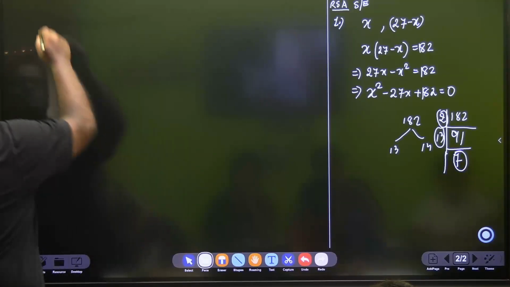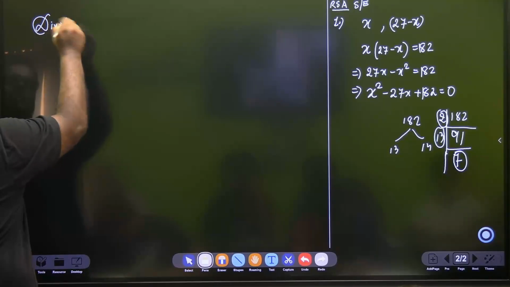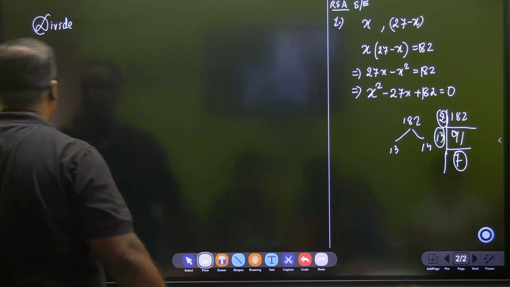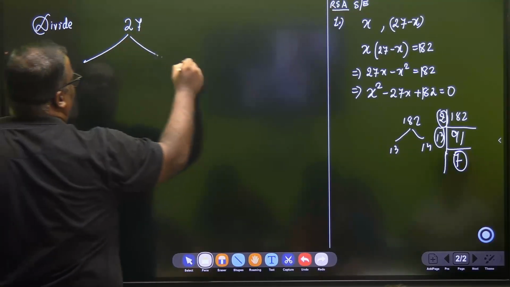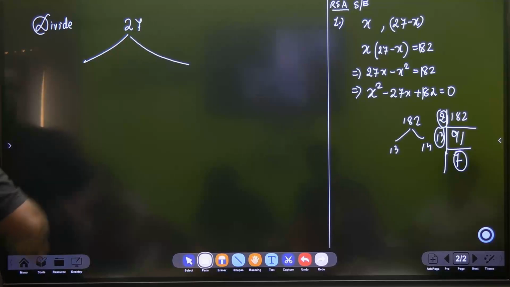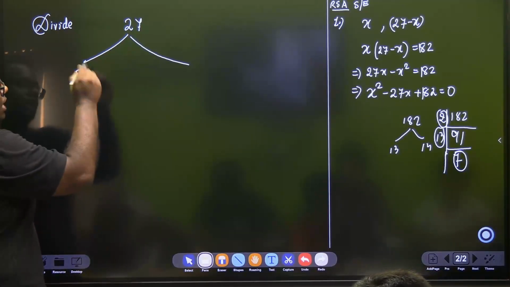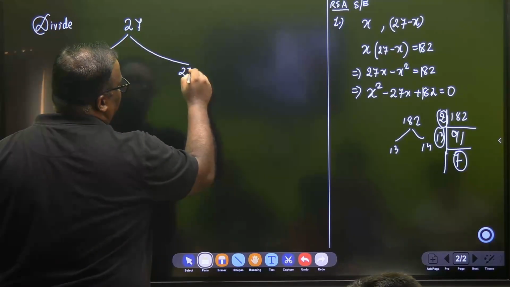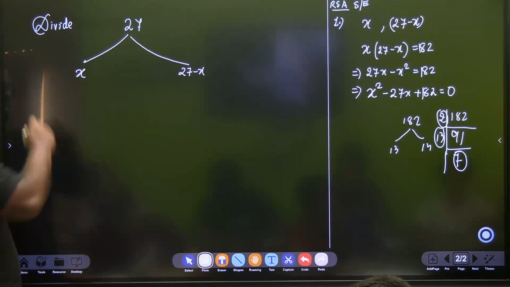The question is divide 27 into two parts such that sum of their reciprocals, understand what is happening? So 27 can be divided into two parts as what? x and 27 minus x. These are two parts. Sum of their reciprocals.